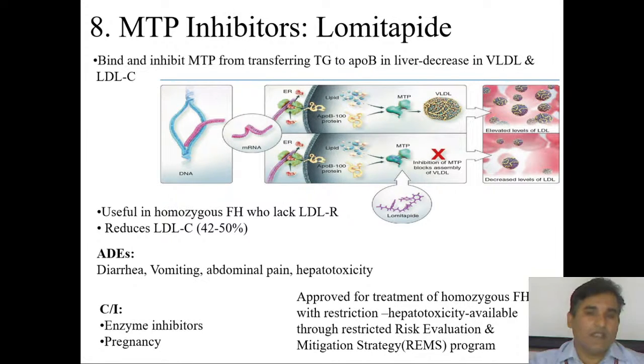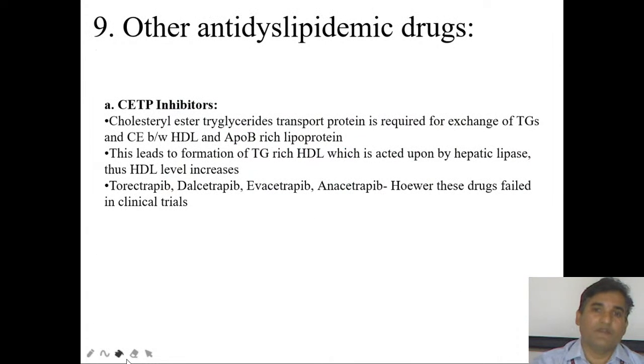Useful in homozygous familial hypercholesterolemia, where there is a lack of LDL receptor, reducing LDL cholesterol by up to 50%. Adverse effects include hepatotoxicity and abdominal pain. It is approved for the treatment of homozygous familial hypercholesterolemia with restriction to continuous monitoring. It is contraindicated with enzyme inhibitors and in pregnancy.